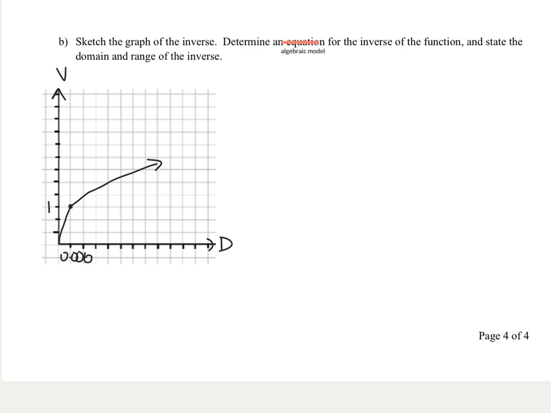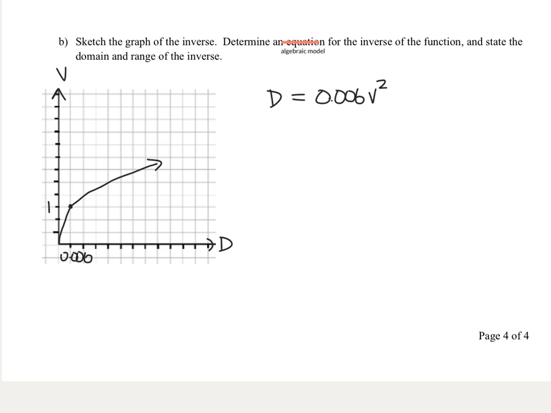So because we switched the position of d and v, we are not going to switch the variables in the algebraic model. So I want you to keep the original algebraic model as is, and we're not going to do the whole switching of the dependent and independent variables. We don't need to do that because we already switched them here on the x and y axis.